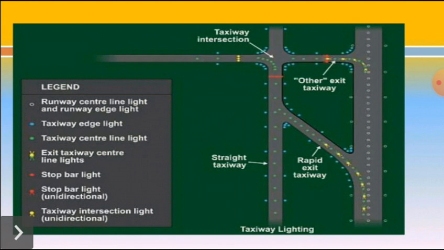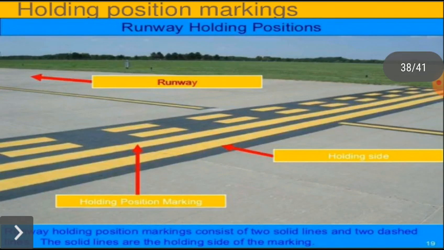The figure shows the taxiway marking, runway markings and exit taxiway along with the lighting for convenience at night time. This figure shows the holding position marking.